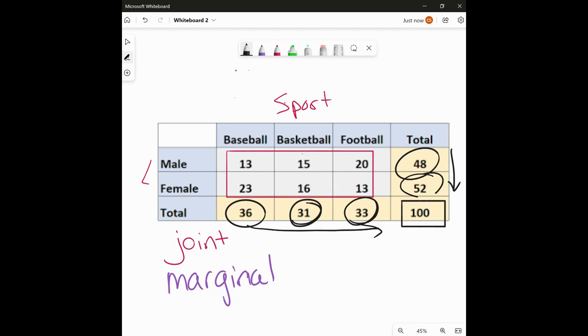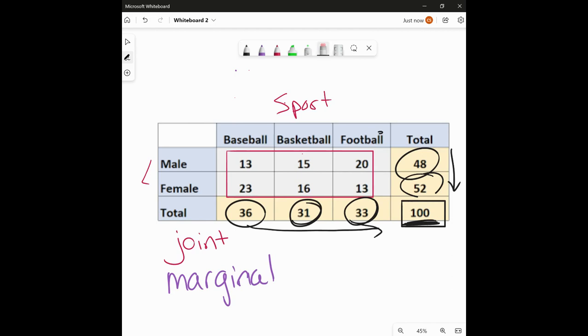Those are our marginal frequencies. So if you have to interpret them, you would say 36 people play baseball, 31 people in the survey play basketball, 33 people in the survey play football. There were 100 people surveyed altogether. 52 people are female, 48 are male. Those are our marginal frequencies, our totals.